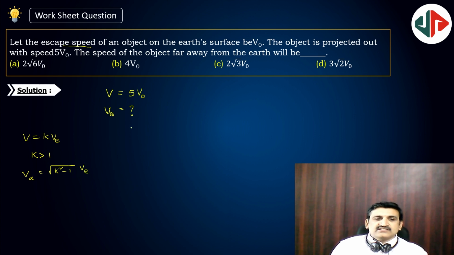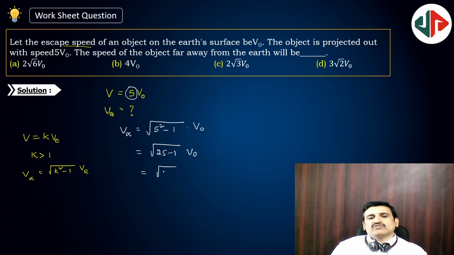As per this, v at infinity is equal to square root of, what is the k value here? K value 5. So 5 square minus 1 into V0. That is square root of 25 minus 1 into V0, so root over 24 V0.